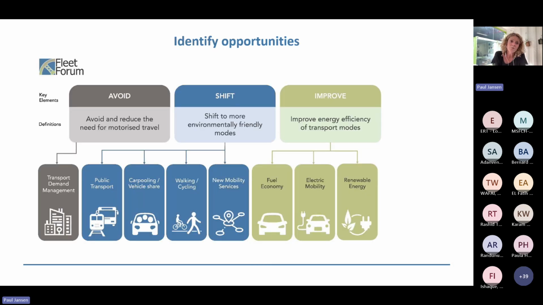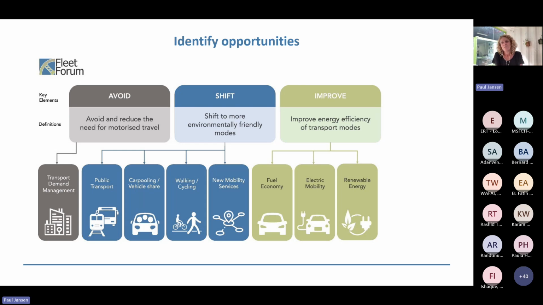What we always use is the avoid, shift, improve methodology. And the way you want to look at it is that you always focus again on not driving those kilometers. So that is everything that you can do to avoid. You avoid and reduce the need for motorized travel.